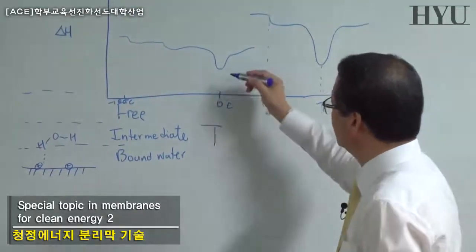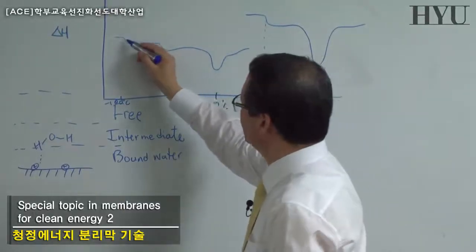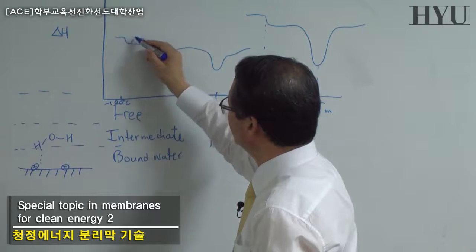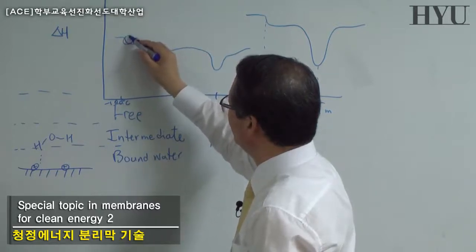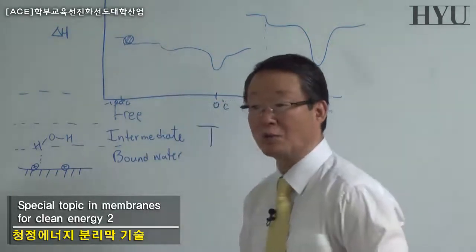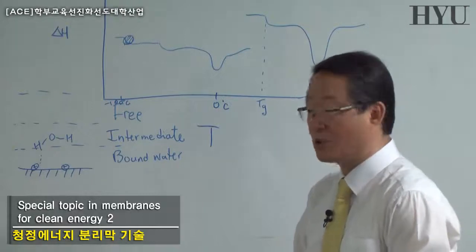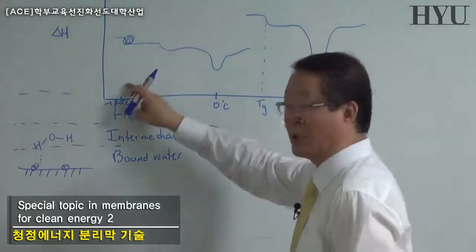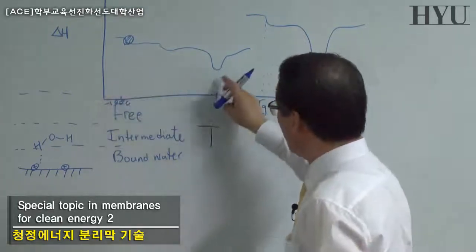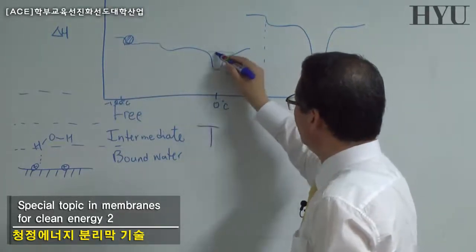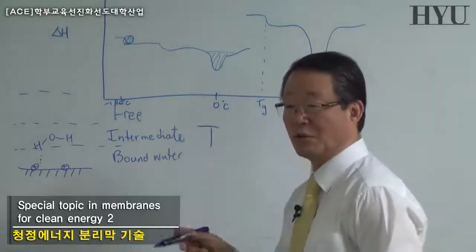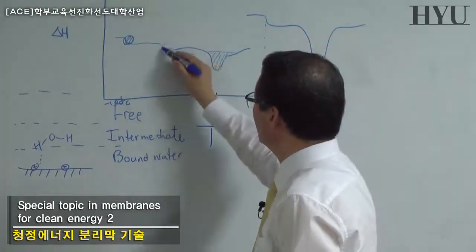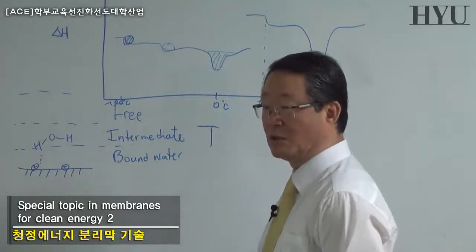If you look at this amount, this might be related to the bound water, because bound water will come at quite a low temperature, whereas the highest one might be related to the amount of your free water, and this might be related to the intermediate water.